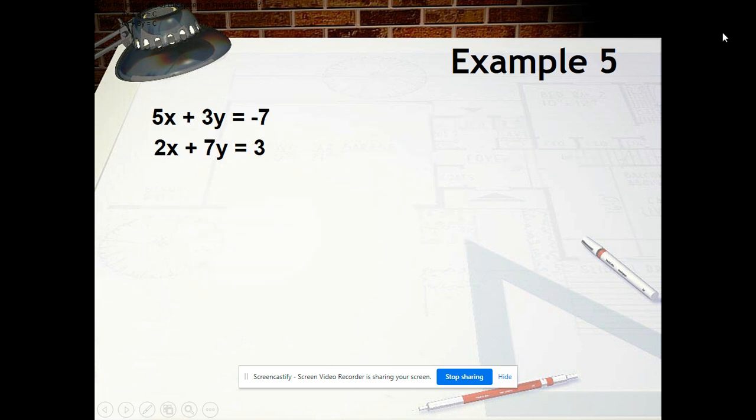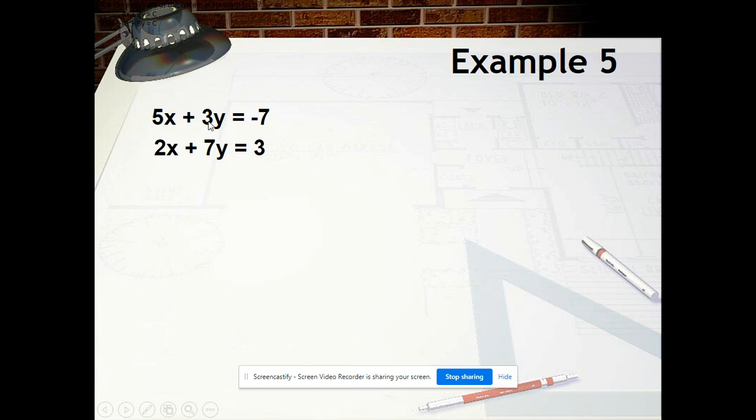Let's try one last example. In this example, we can't find any term to eliminate because they don't have the same coefficient, and they don't have different signs either. So if we're going to eliminate x, we need this 5 and 2 to be the same.